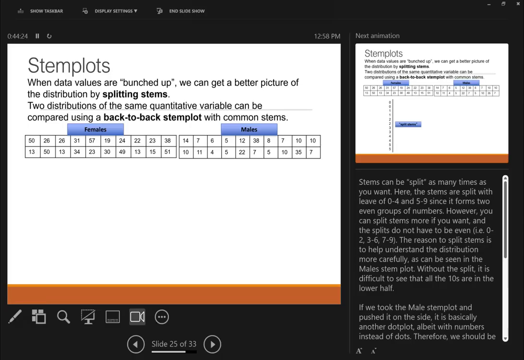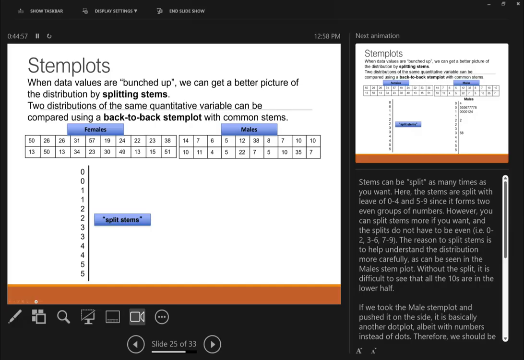So here we have some boy shoe data and girl shoe data. Again, if I look at my minimum value now across both data sets, that's now a 5. So I'm going to have a 0 for the 1 spot, and then 10s, 20s, 30s, 40s, 50s. So I picked up an extra number in my stem, and if I'm going to split it, I'll then have 2 0 spots, 2 1 spots, 2 2 spots, 2 3 spots.